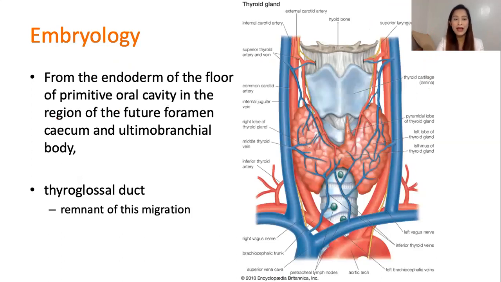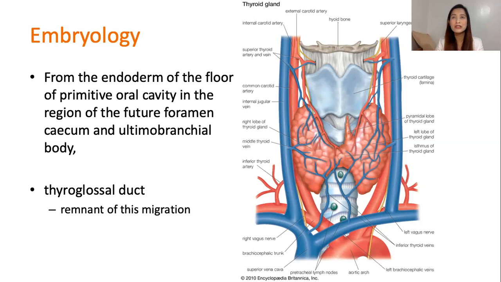Your thyroid gland comes from the endoderm of the floor of the primitive oral cavity in the region of the future foramen cecum, in your ultimobranchial body. The thyroglossal duct, if it persists, is actually a remnant of this migration from the floor of the oral cavity to its location in the anterior neck.